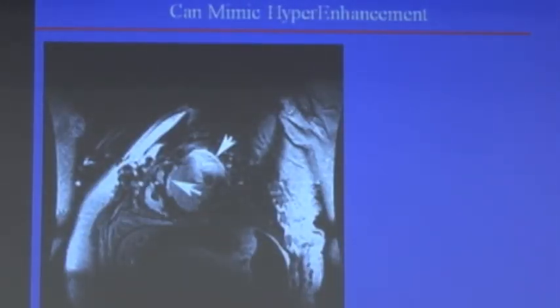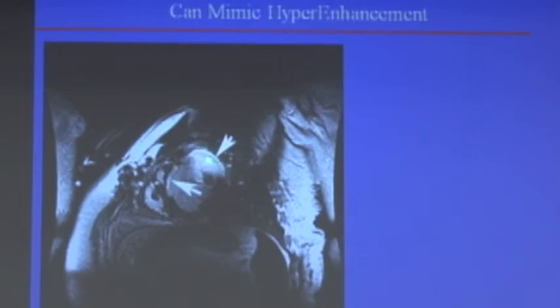And then artifacts from ICD can mimic hyper-enhancement. And I know most centers now can't do imaging in patients with ICDs at all. So we do. So here's a patient. The ICD obviously is here, because normally the chest should go up like that. That's the artifact from the ICD.